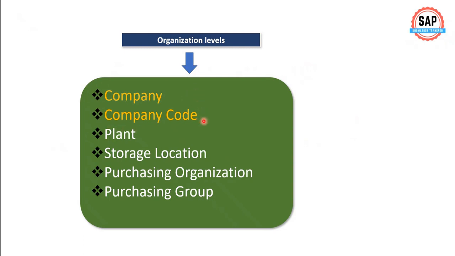If you go to the finance and controlling module, they will create the company and the company code. For testing and training purposes, we will create the company code. Then the MM organization structure starts from plant, storage location, purchase organization, and purchasing group.